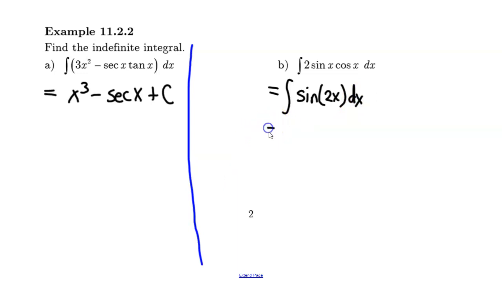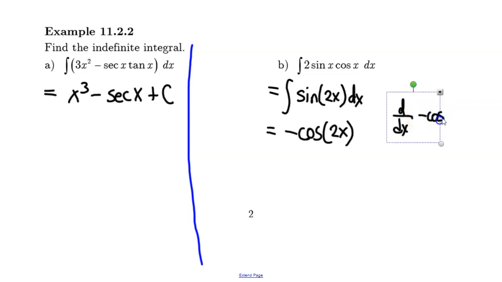Now when you consider this, you might say, well, perhaps the antiderivative of sine 2x would be negative cos 2x. Because we know that the derivative of cosine x is negative sine x, so the antiderivative of sine 2x would be negative cos 2x. But if I test this out and evaluate d/dx of negative cos 2x, I don't quite get sine 2x.